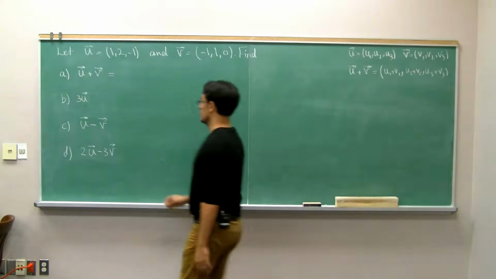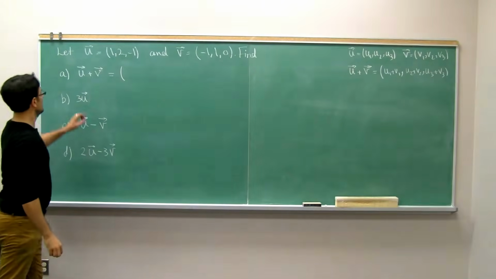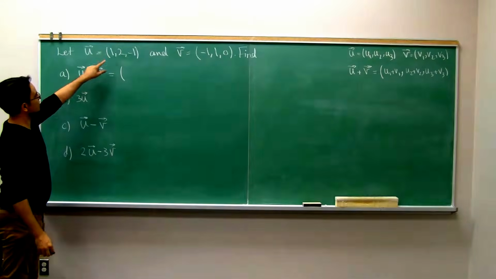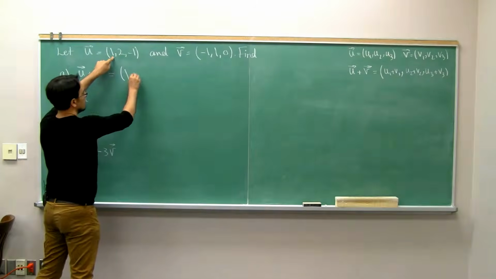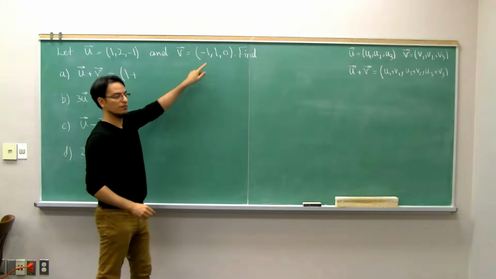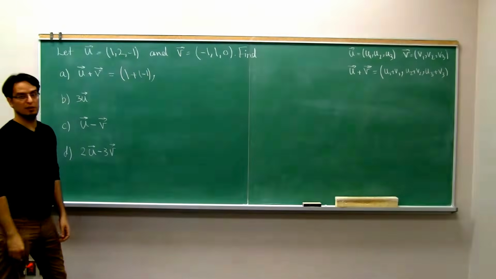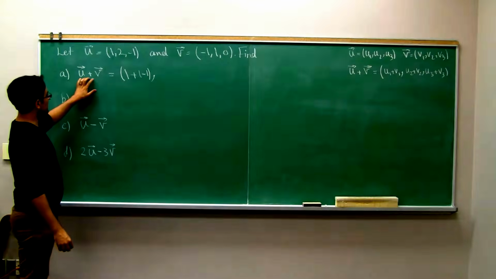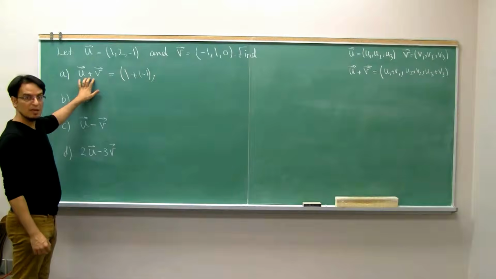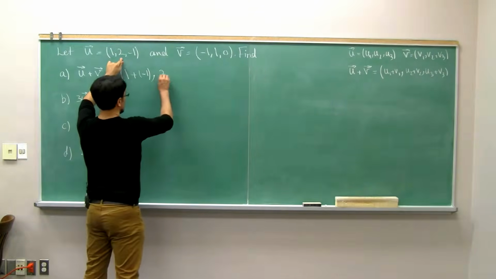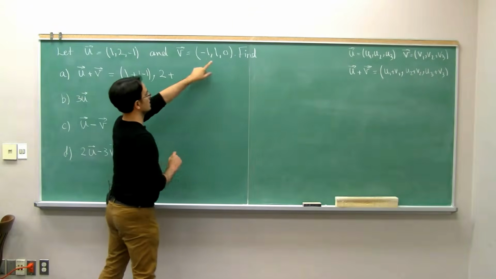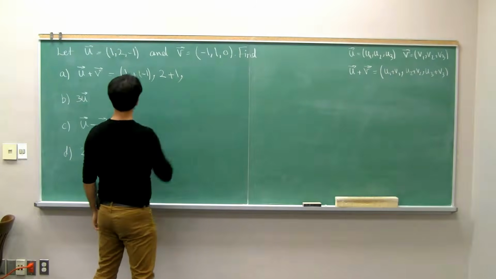So let us do it here. The first component of u is 1 plus the first component of v, which is negative 1. That's the first component of the addition. The second component of u plus v is the second component of u plus the second component of v.